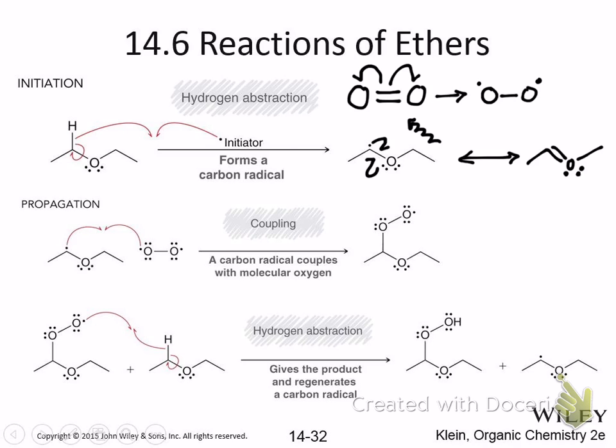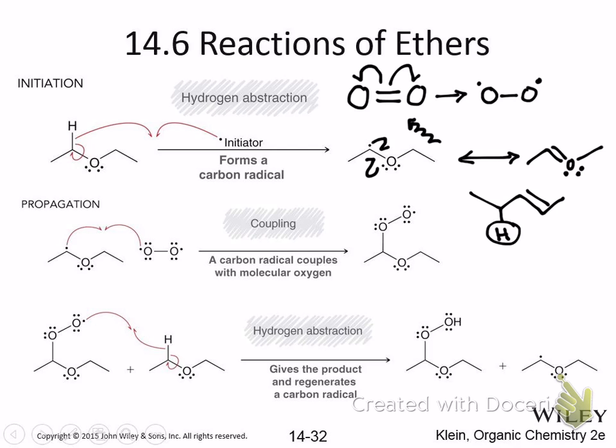But anyways, because of the oxygen that is next to it, that stabilizes that radical, and as a result, they form fairly easily. In fatty acids, in particular, you have a lot of structures that look like this. And these are very reactive because of the pi bond that's next to it.